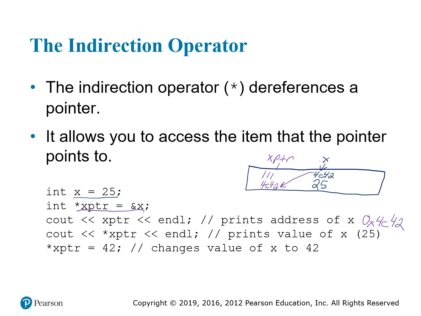Okay. But if we prepend an asterisk in front of x pointer, if we print star x pointer, that's going to dereference the pointer. So it's going to take x pointer, bounce off that value and end up pointing to 25. So that will actually print the value of x, which is 25.